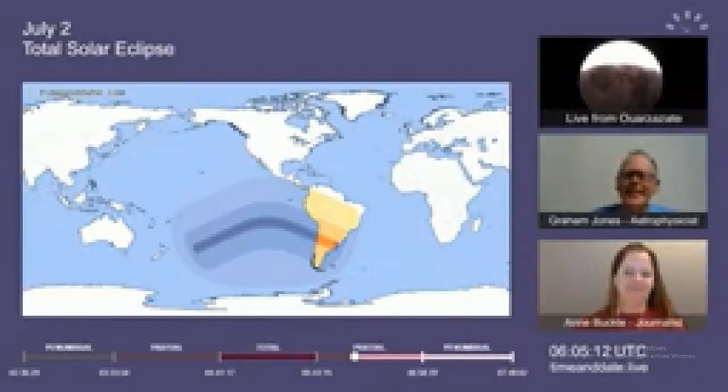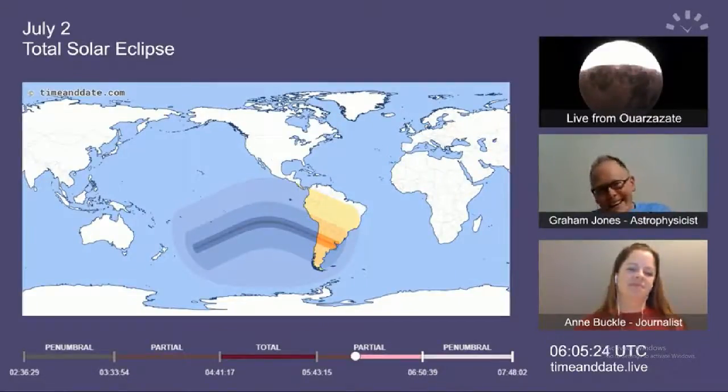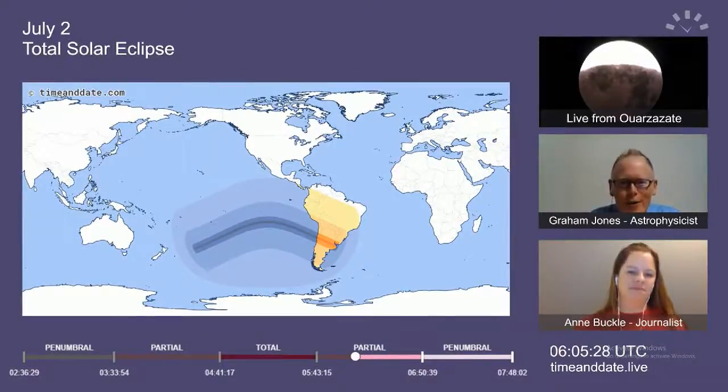So for the next series of new moons and full moons, we will have no eclipses until in 6 months' time, the Moon's tilted orbit comes back into perfect alignment with the Earth's orbit around the Sun. And this time, it will be perfectly aligned at new moon. And this will give us a total solar eclipse.